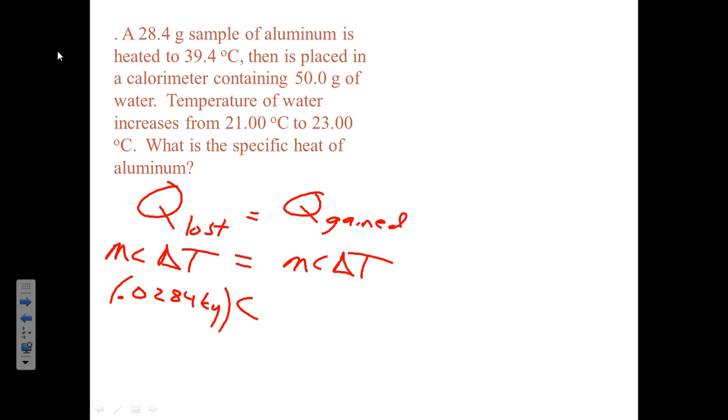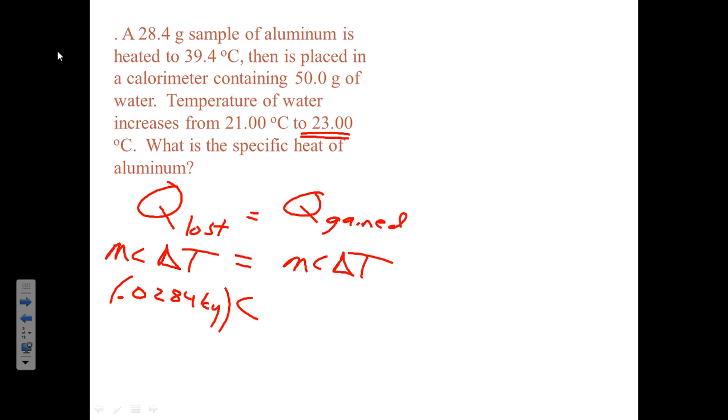All right, and we'll just plug in c. And what's the temperature change of the aluminum? We're starting off at 39.4, and we're dropping down to 23. So it changes 16.4, right? Everybody with me? Right, but the metal's in the water.